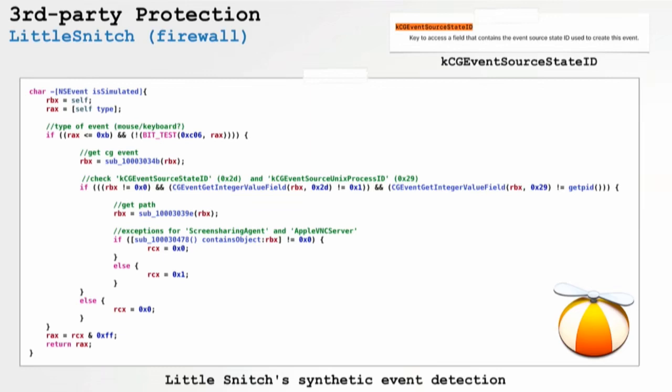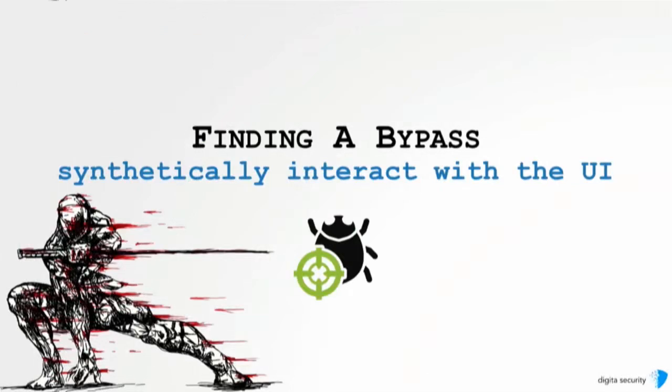Now, the source state will be set to 1 if it is a non-simulated event. So they check that, and they also check the PID of the process to identify who is trying to send the event. Interestingly, they also have exceptions for Apple's screen sharing and VNC servers, because those events may come in and appear to be simulated because they're coming in over the network, but Little Snitch probably wants to allow those.